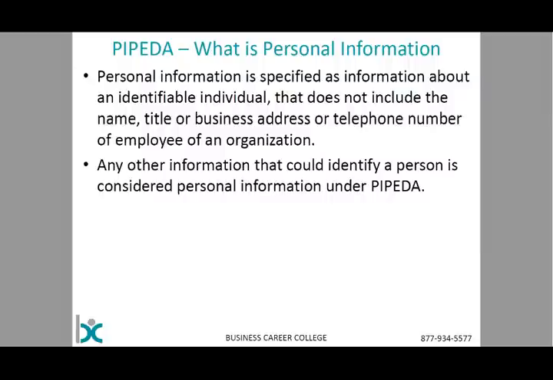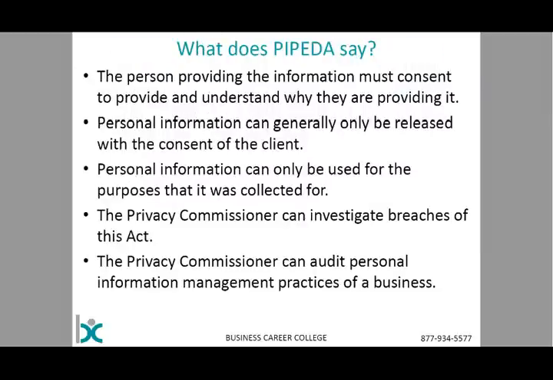Really, the things they would be able to release are the things in this list that are not included as identifiable information, that would be the name and title of the individual. So they could tell you perhaps that the person worked for their company as an administrator, but beyond that, they may be very limited in providing you information without the consent of the employee.